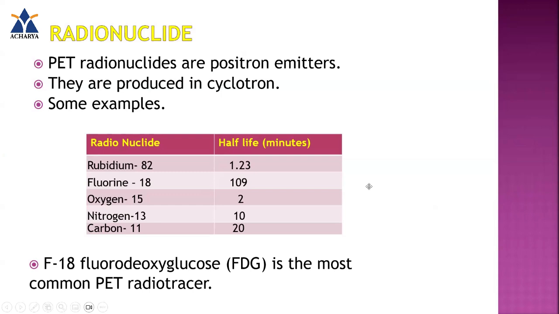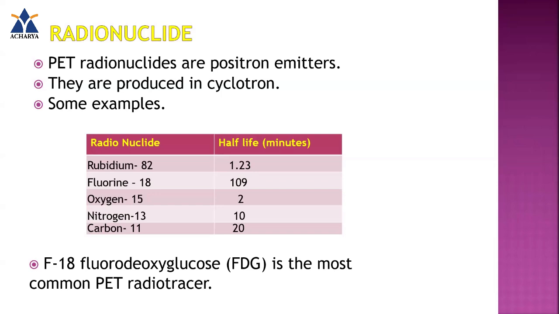Rubidium has a half-life of 1.23 minutes. Fluorine-18 is the commonly used radioactive isotope in our study. It has a half-life of 109 minutes. Oxygen sometimes is 2 minutes. Nitrogen, carbon.